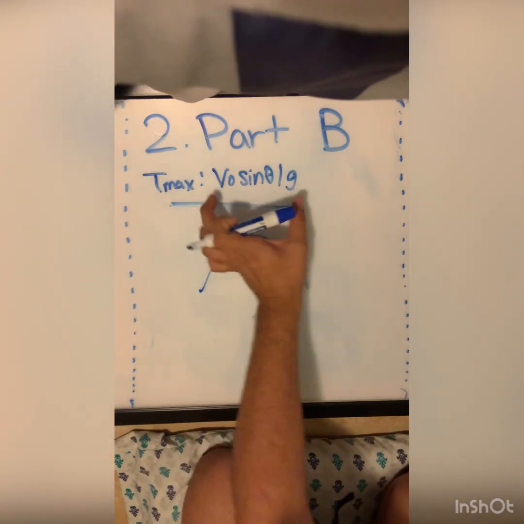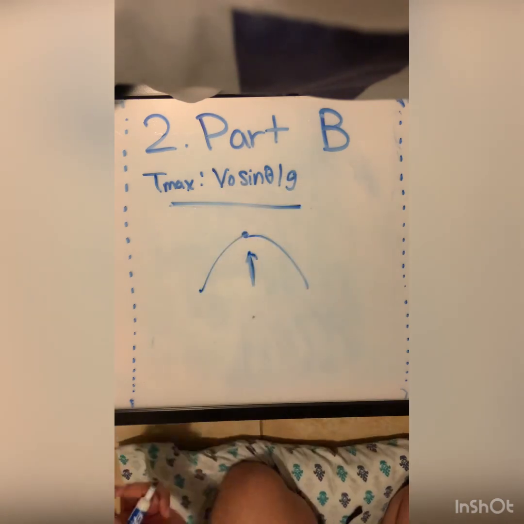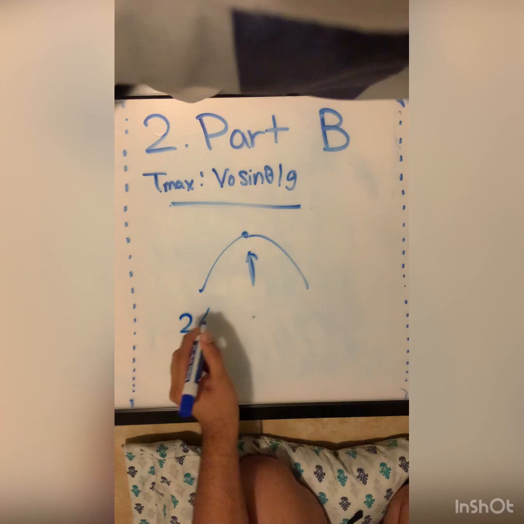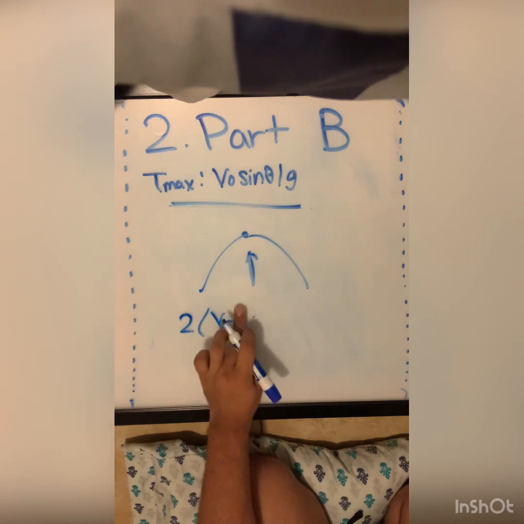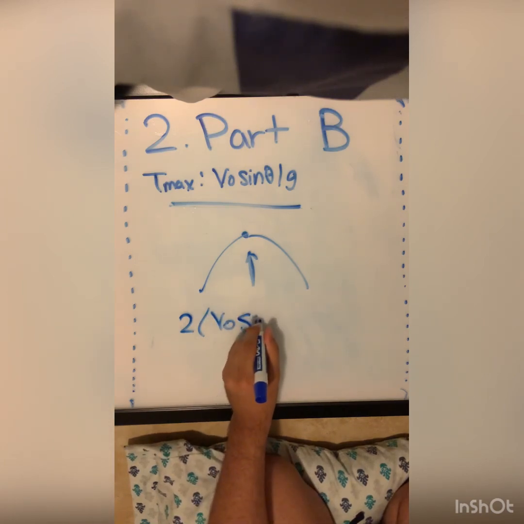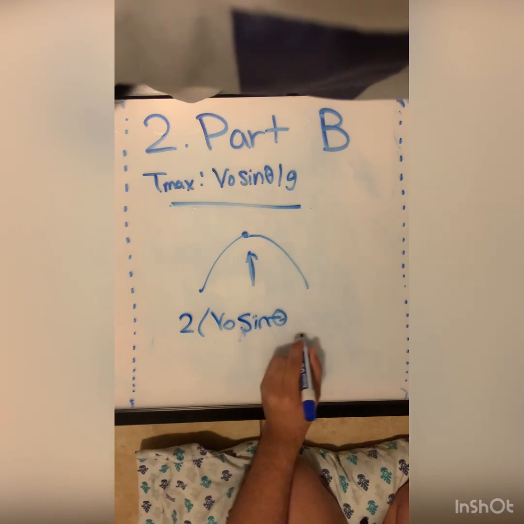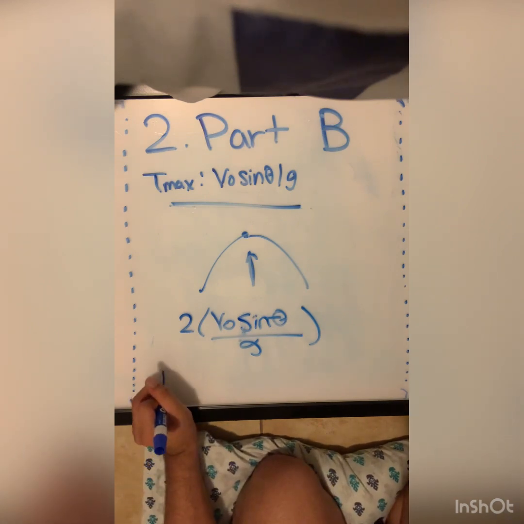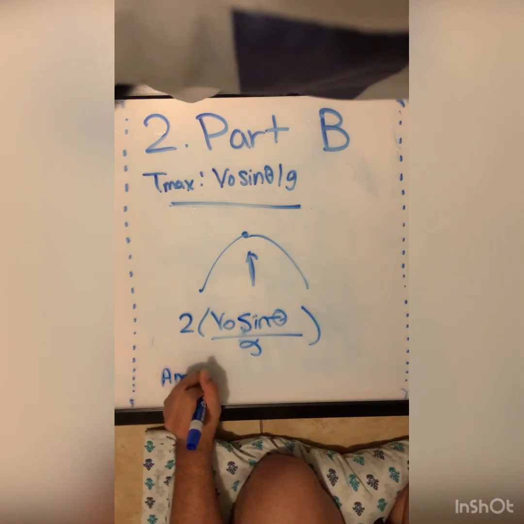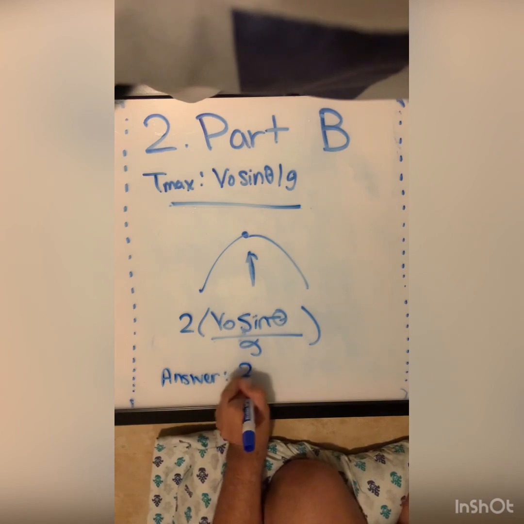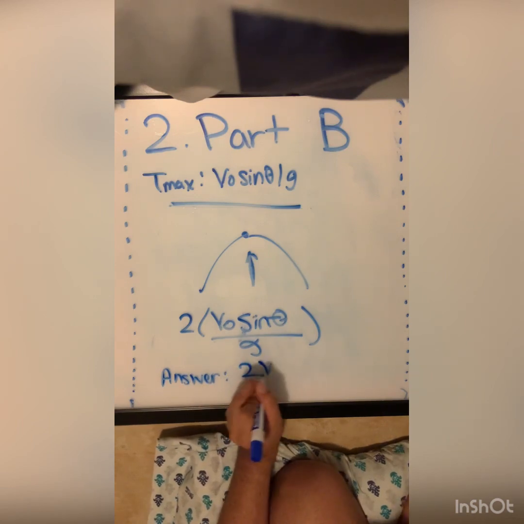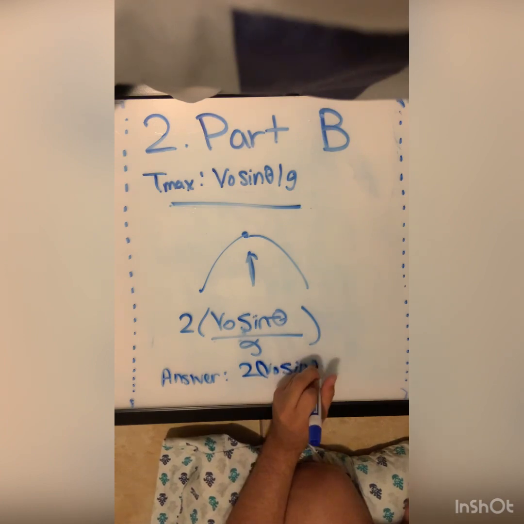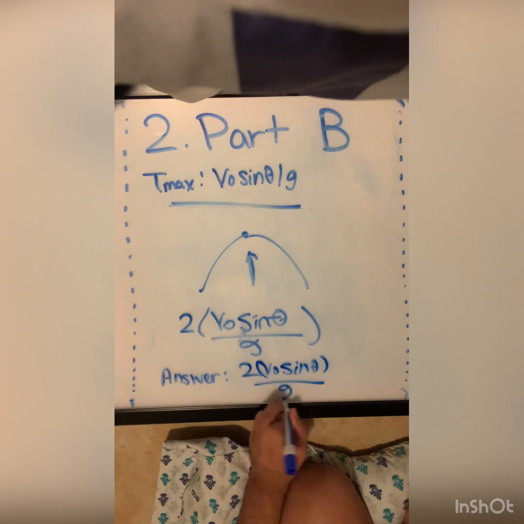So what we're going to do is take this equation and multiply it by 2. And then we would get our answer of 2 times the velocity times sine over g.